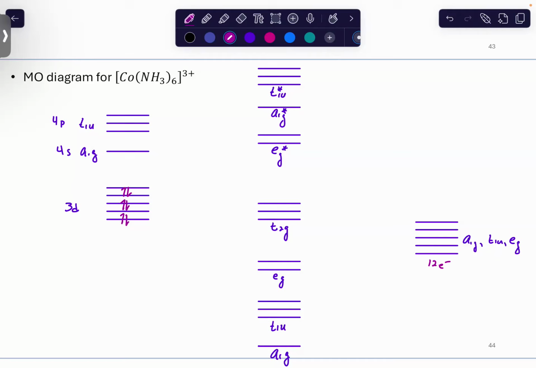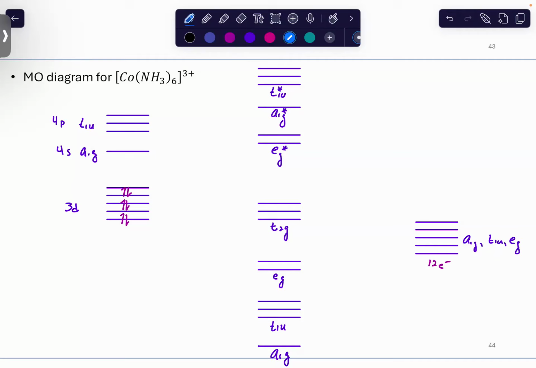But question though, the T2G, how is that going to contribute? What kind of level is that? It's non-bonding. That's your non-bonding. Yeah. Because you notice there was no T2G symmetry in the ligand field.